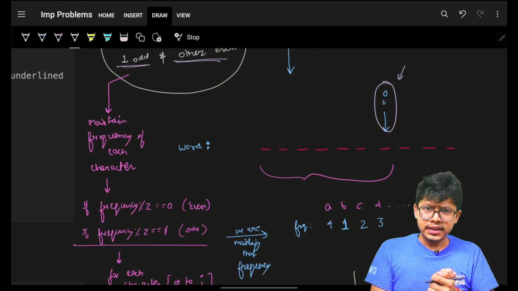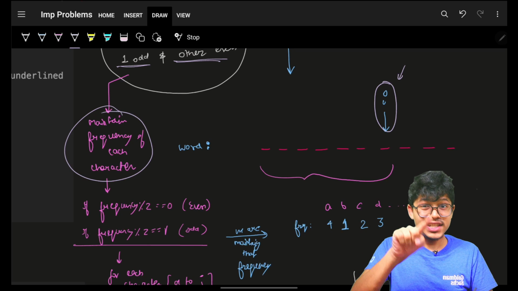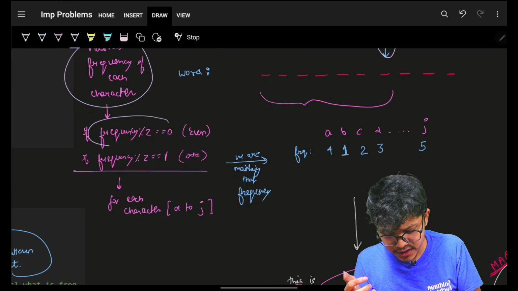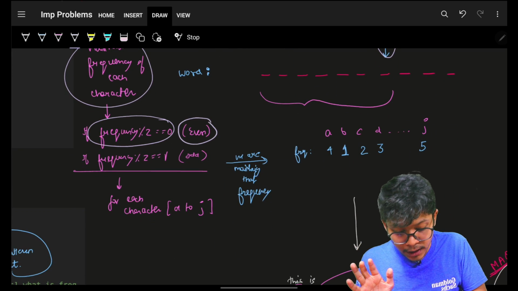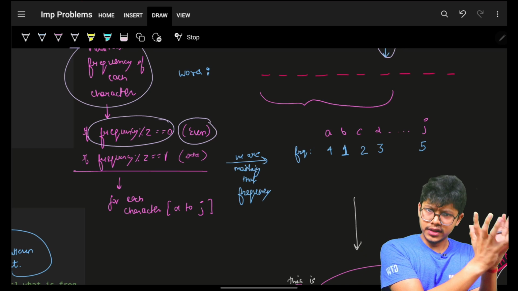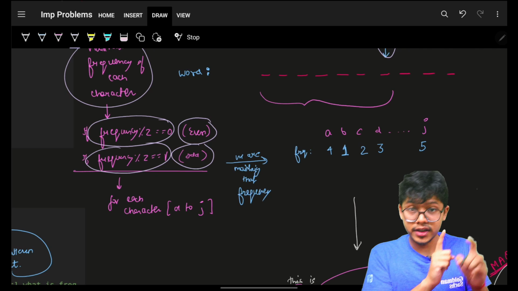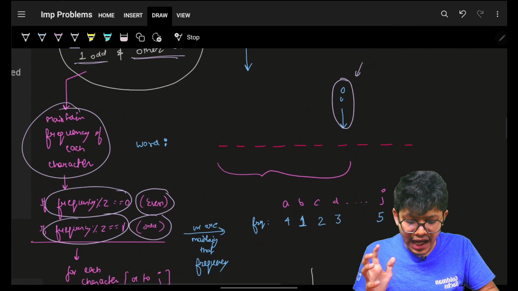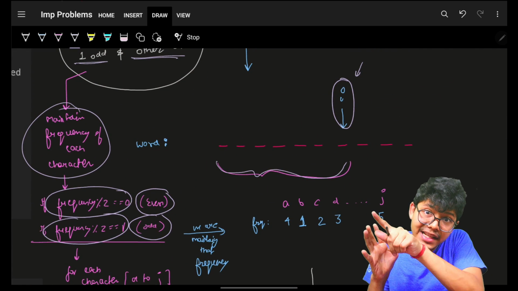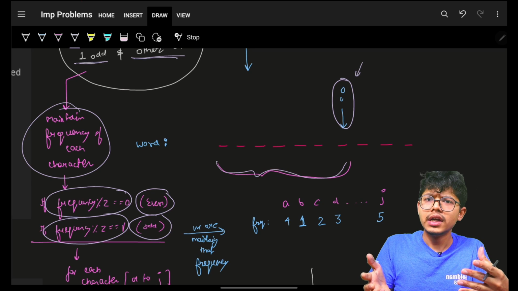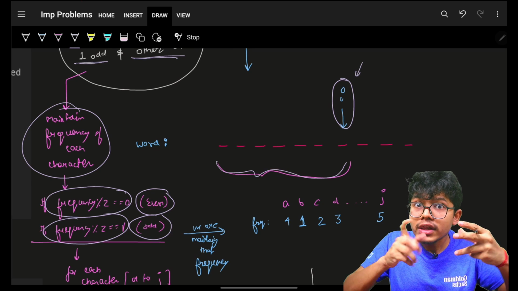Now, coming on, we know that you have to maintain the frequency of each character, and as the frequency becomes even, I will put that character in the even. This is the even character frequency, and if the frequency is odd, that is an odd character frequency. So I know roughly that I will have to maintain the frequency, and for sure I cannot go and try for all the n square frequencies.